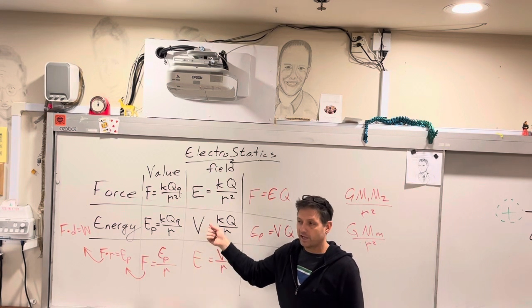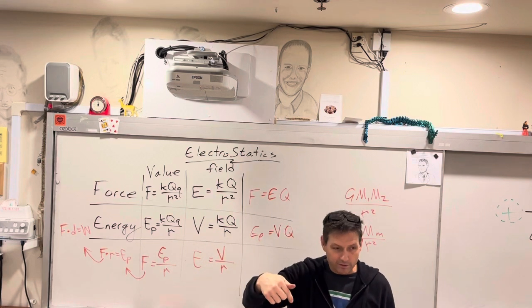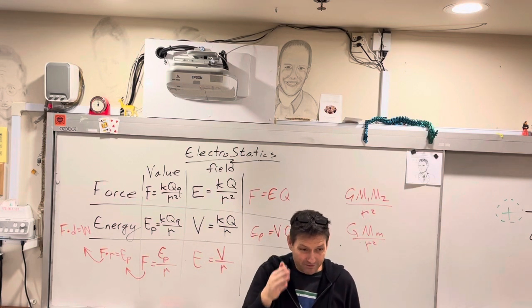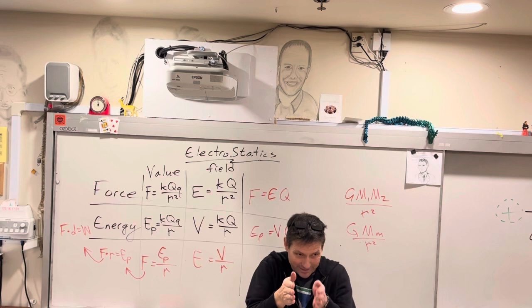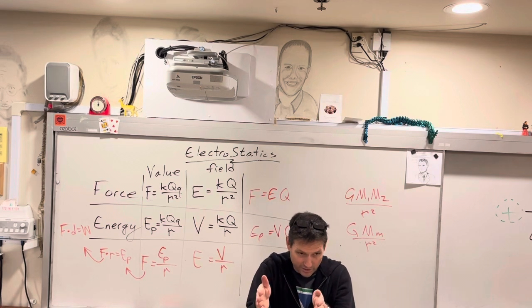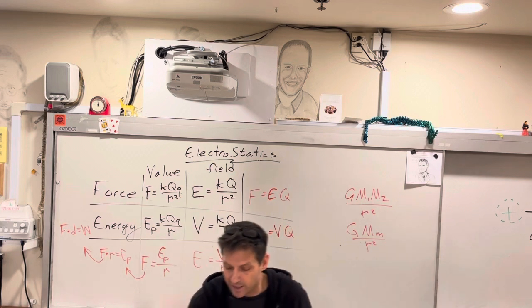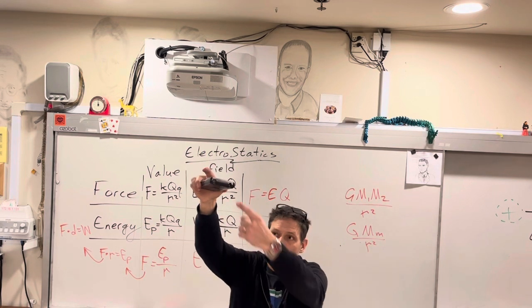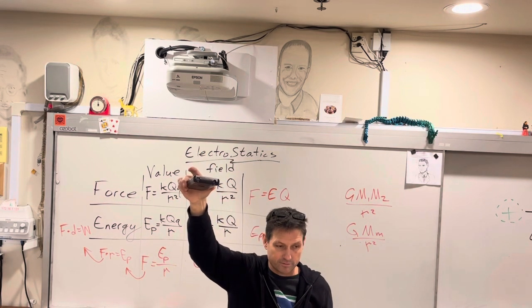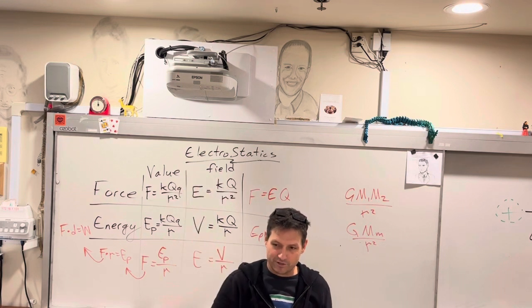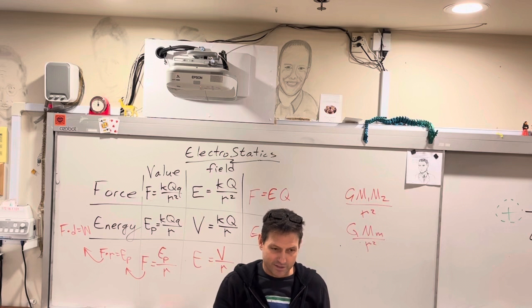When you say there's 120 volts coming out of the plug, that means the difference in potential from this slot to that slot is 120. It's kind of like if you pick something up, you can say the mgh is 10 joules. But really, that's the difference from here to here, right? It's the same with the V's.